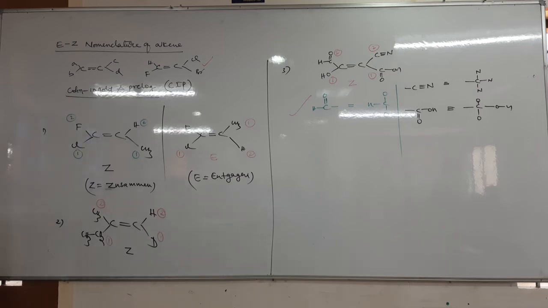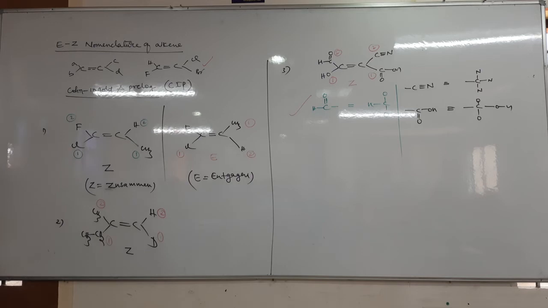Next, fourth rule. If the same priority groups are present on the same side of the double bond, it is called Z isomer, Zusammen.